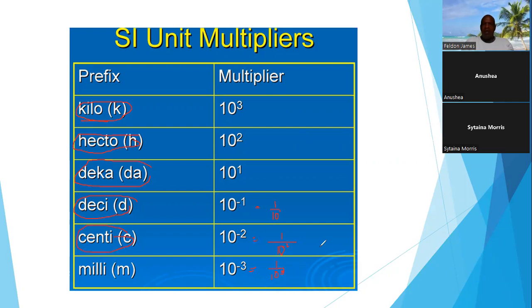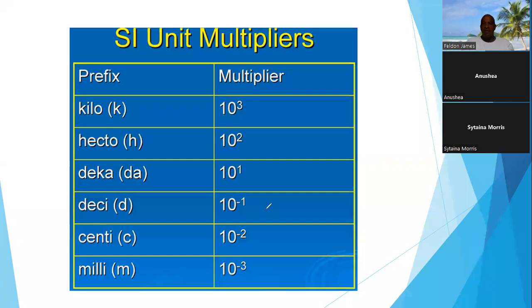Yes, sir. Right. And so this system that we use in measurement, we generally refer to it as the metric system. And in the metric system, we have centimeter, millimeter, decimeter, kilometers.